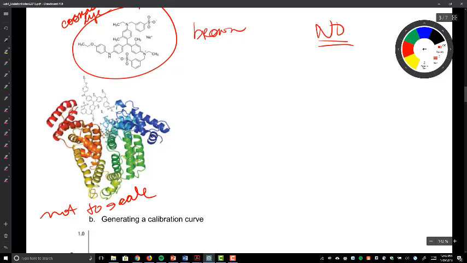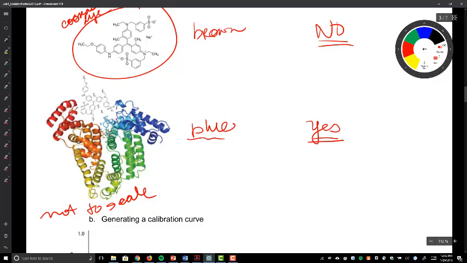Once the Bradford Coomassie dye binds a particular protein, the spectroscopic properties of the dye change and the color of the solution turns blue. If you were to put it into the spectrometer and measure it at 595 nanometers, you would see an absorbance.